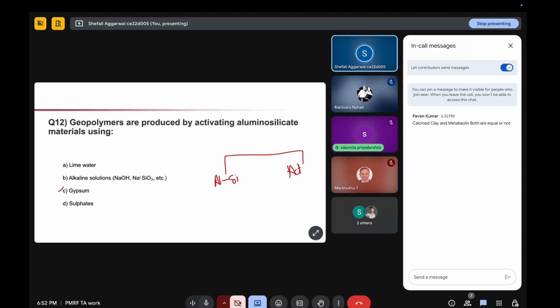Normally our activators means our alkaline solution actually. So answer is B. If you remember, we talked about potassium hydroxide and sodium hydroxide being used as activator. So that's why answer is B.